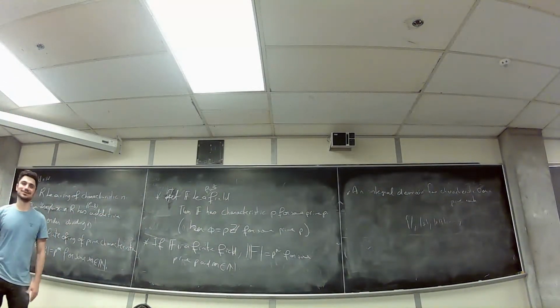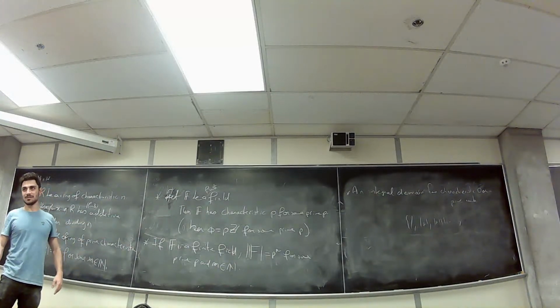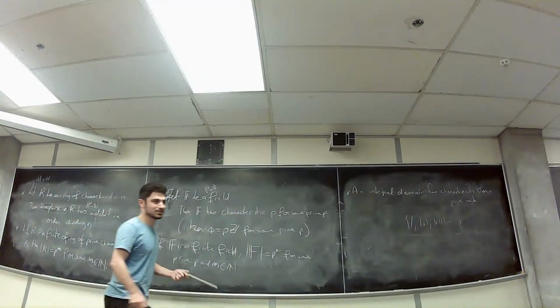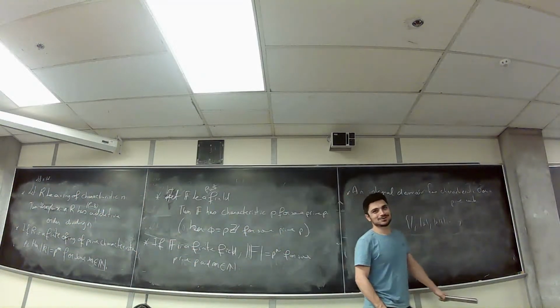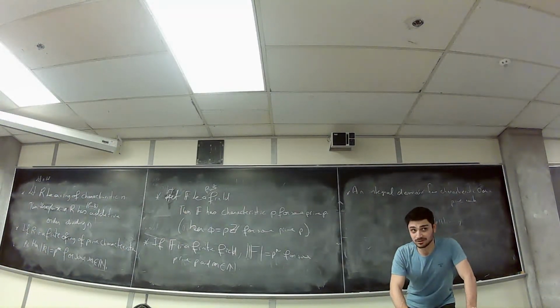This is the hardest part of rings, the characteristic part. So 20 hours is exaggerated. 10 hours should be fine, 10 to 15 hours at most, to master it completely and know every single detail.